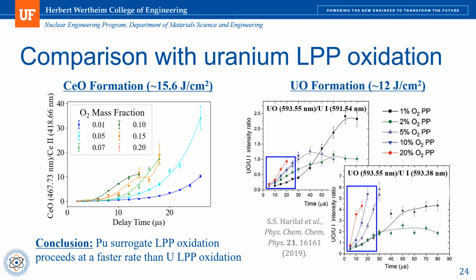And in comparing the rate and amount of formation of different oxides and the decay of the atomic and ionic emission lines under different ambient conditions, we see similar trends to the extensive literature that is available for uranium-based measurements, either by my group or by other groups like Hartig's that focuses heavily on uranium oxidation.